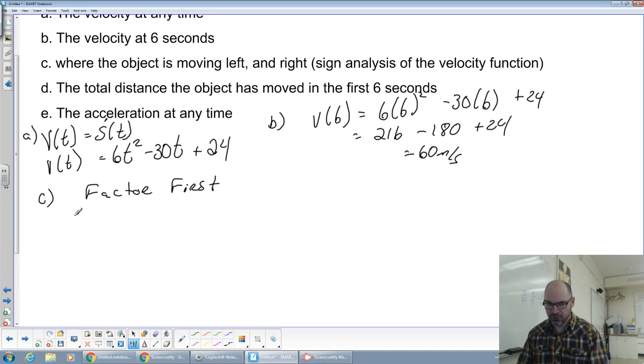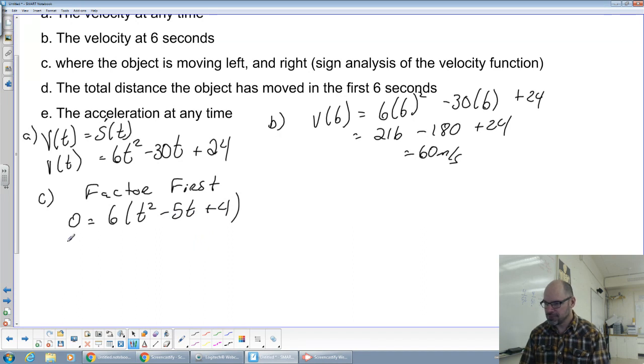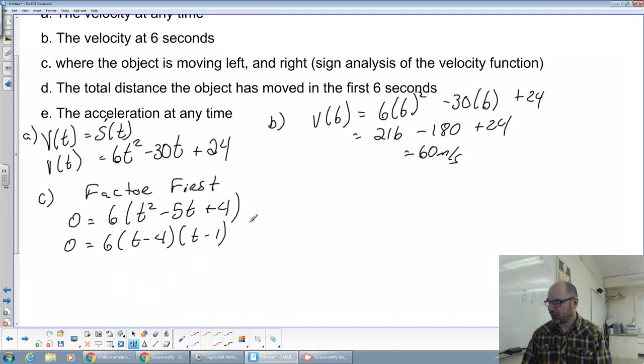So that would be 0 equals 6 times t squared minus 5t plus 4. Okay, and then we can factor this into t minus 4 and t minus 1. Okay, so that means velocity is going to equal 0 when t equals 1 and 4.